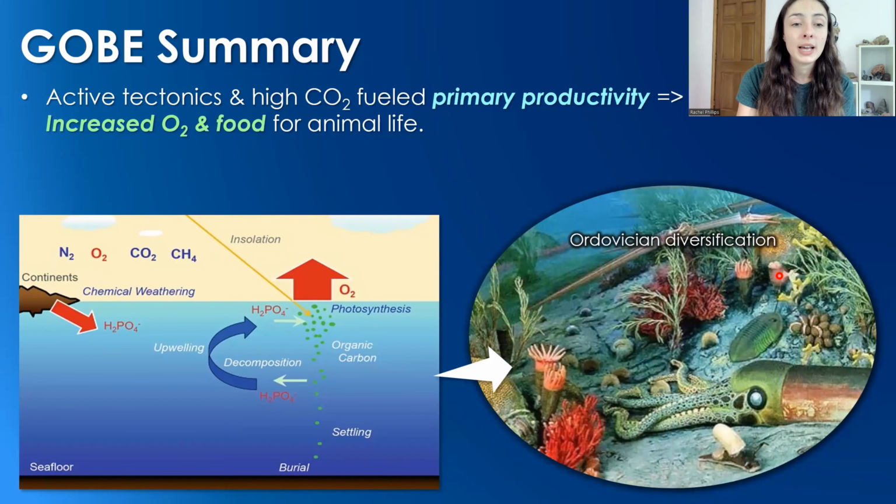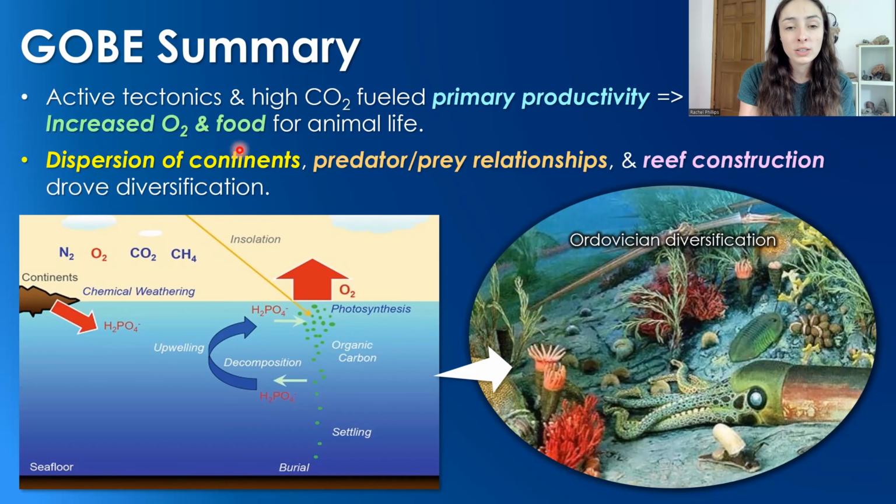So in summary, active tectonics and high CO2 fueled primary productivity, photosynthetic blooms at the ocean's surface, which increased the production of oxygen and food for animal life, and the dispersion of continents, predator-prey relationships, and more complex reef construction drove biodiversification, which itself continued to drive more biodiversification, causing a positive feedback loop of diversification at this time until we had the end Ordovician mass extinction event caused by cooling, glaciation, warming, ocean anoxia, or the lack of oxygen in the ocean.